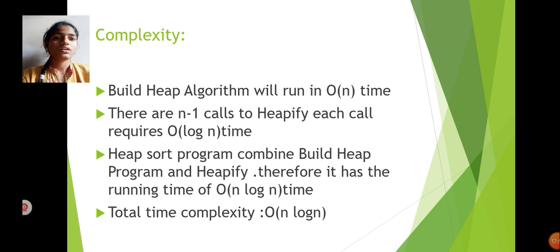There are n minus 1 calls to heapify. Each call requires big O of log n time, so it takes log n time. The heap sort algorithm combines build heap and heapify, therefore it has a running time of big O of n log n. So the total time complexity of this heap sort algorithm is big O of n log n.